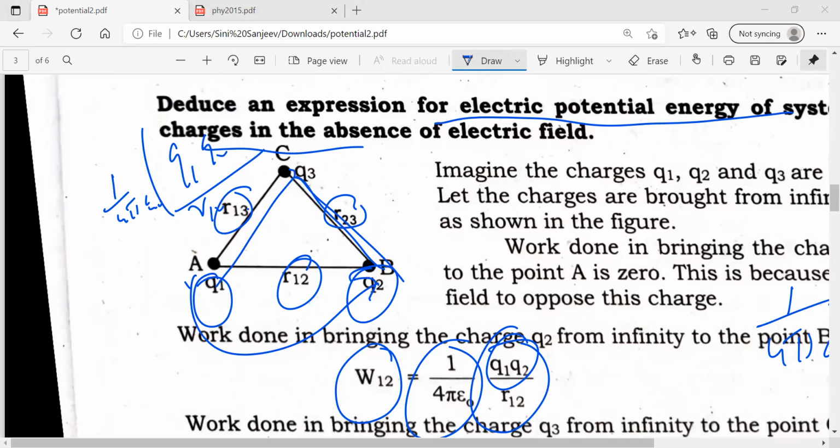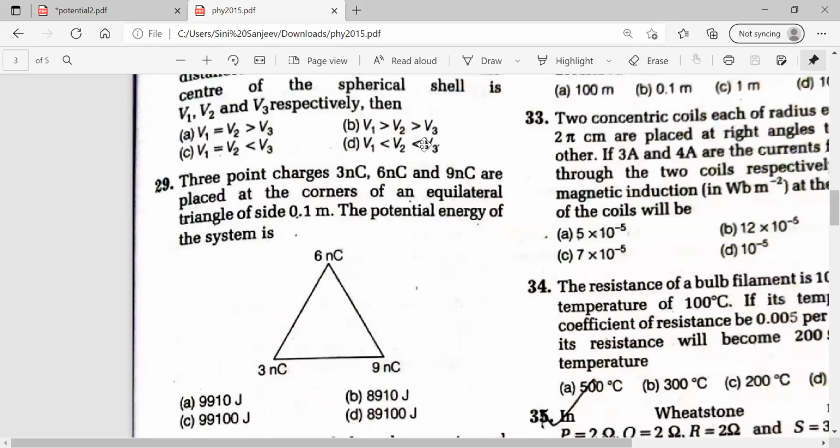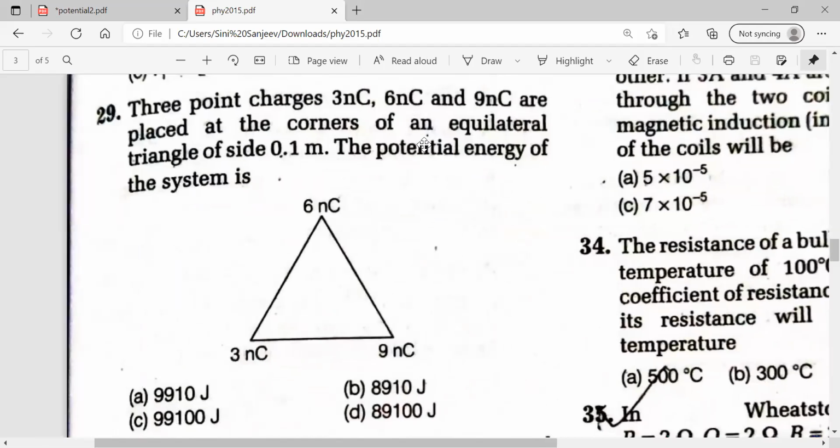Let's see the problem now. I think everyone can see this thing, right? 3-point charges thing. Yeah. So what is the formula we have to use in this?